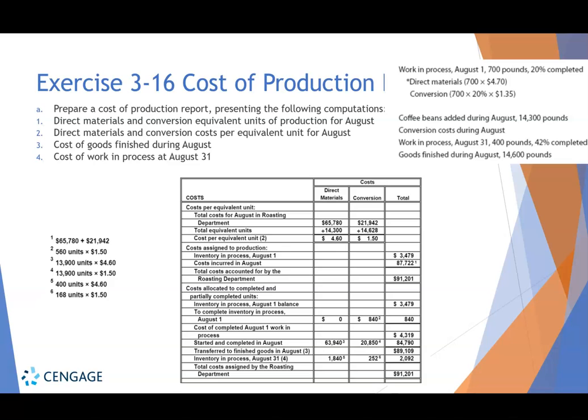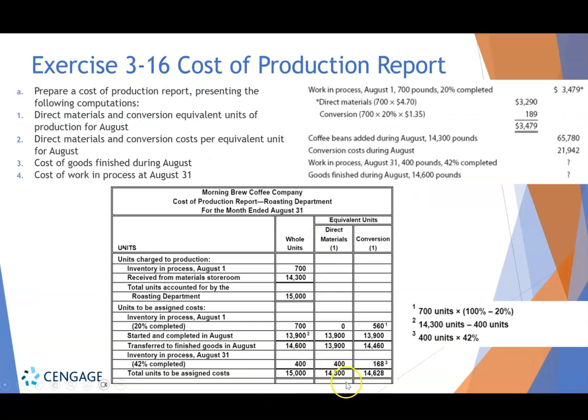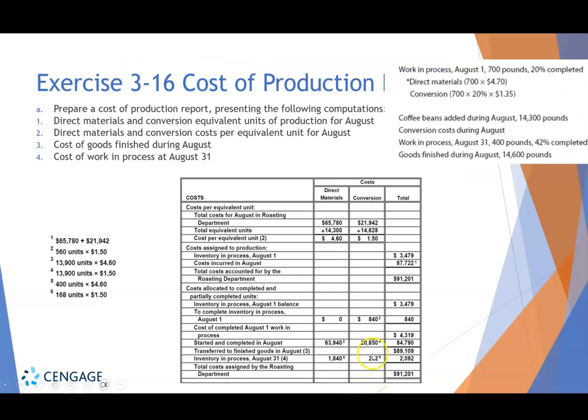The conversion cost, 21,942, because they told us the conversion amounts. We know our equivalent units from the previous slide, 14,300 and 14,628. And this gives us our cost per equivalent unit, 4.60 and 1.50.